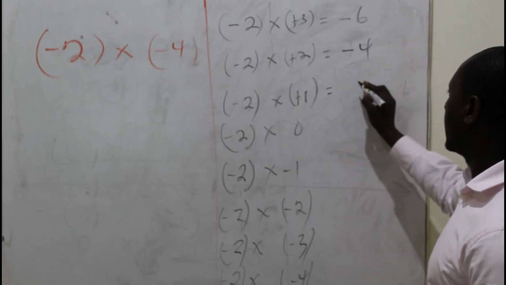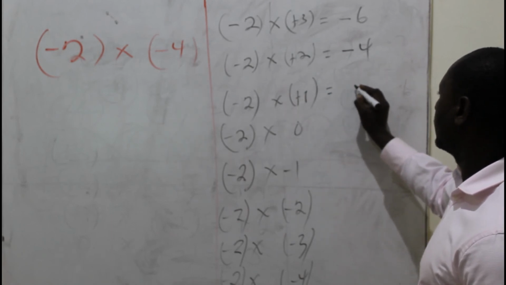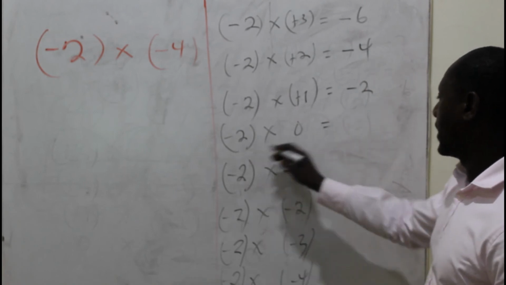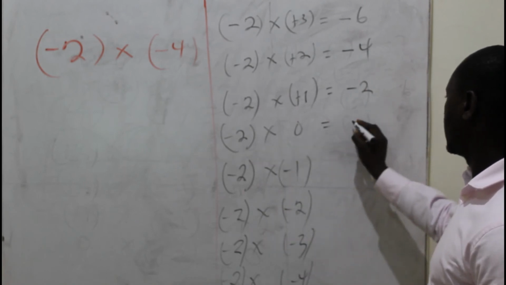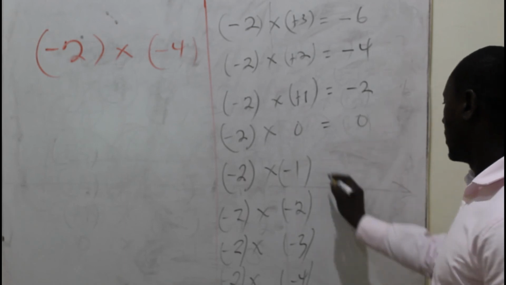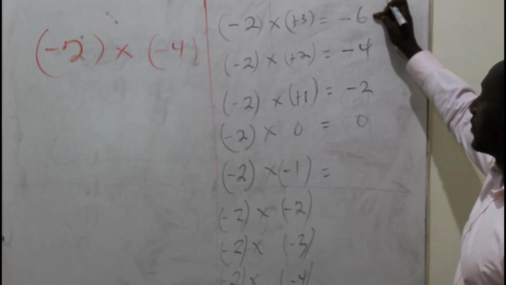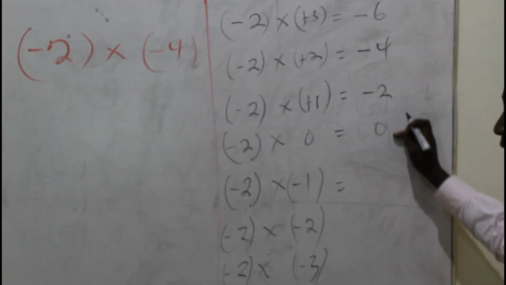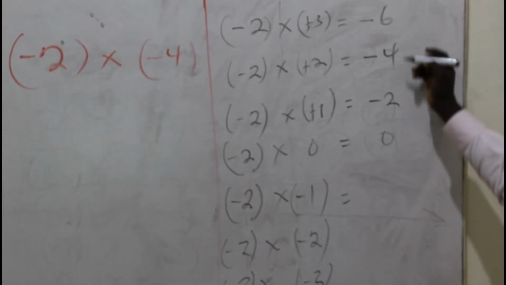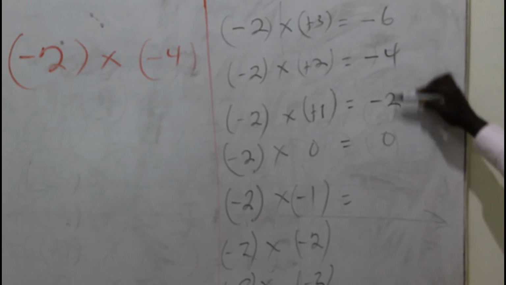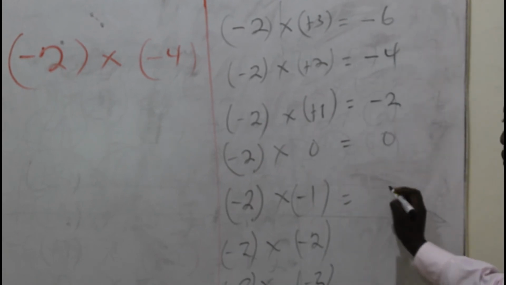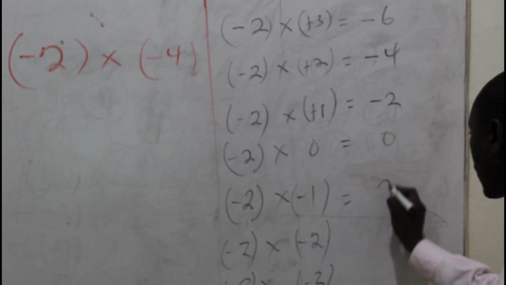When we come here, they will notice that the answer is going to give them negative 2. Then when we come here, the answer is going to give them 0. Now here it is from smaller numbers, and it is coming down. So from 0, they will know that they started from negatives, they are getting to 0. So they are now entering the positives. And so this one is going to give them a positive number, which is positive 2.